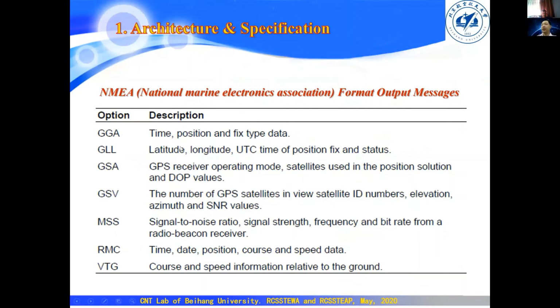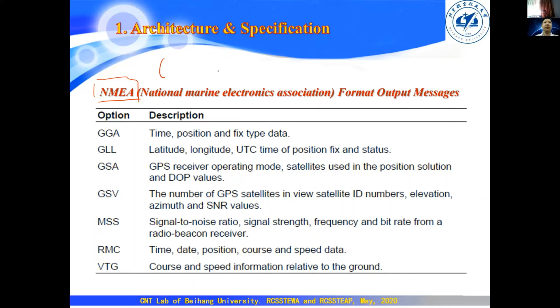Okay, so when the receiver makes output, commonly we use the NMEA protocol. NMEA is from the United States, the National Marine Electronics Association. It's made by the association. So all this information is output in text mode.